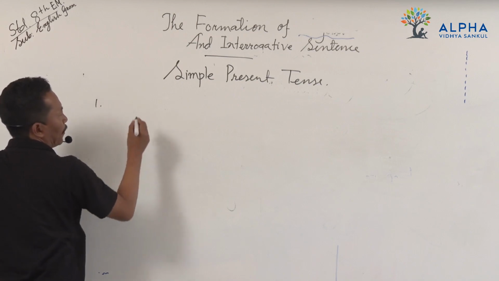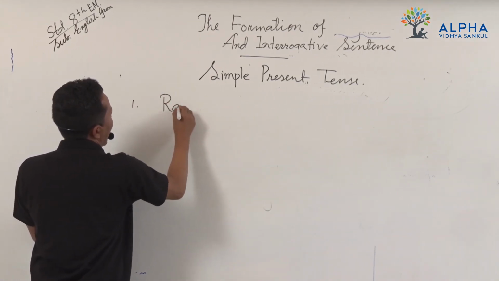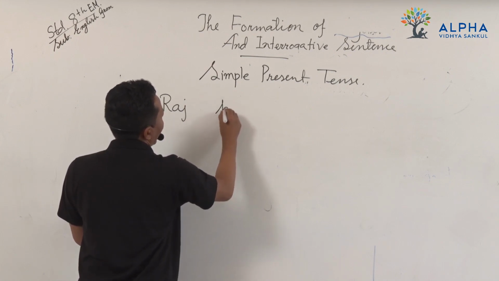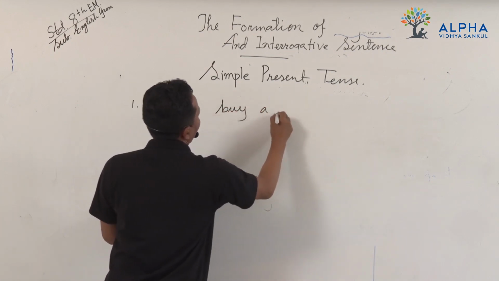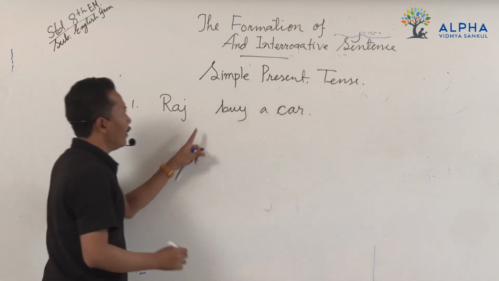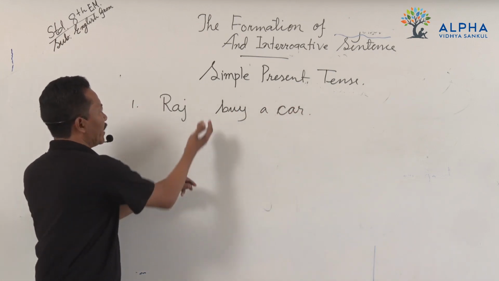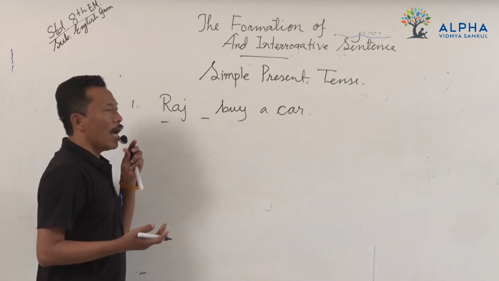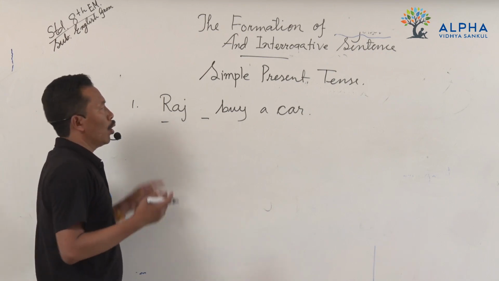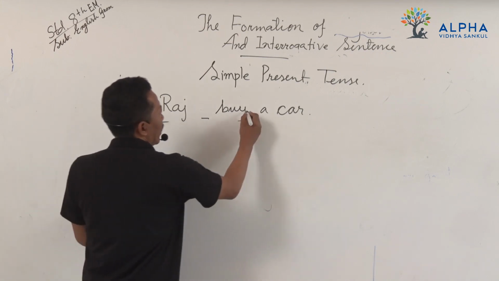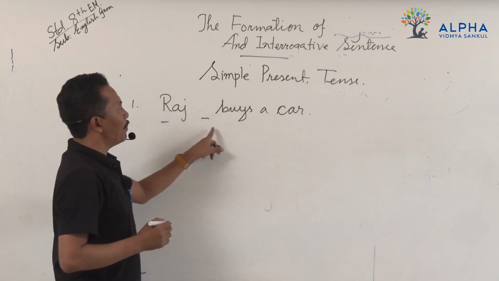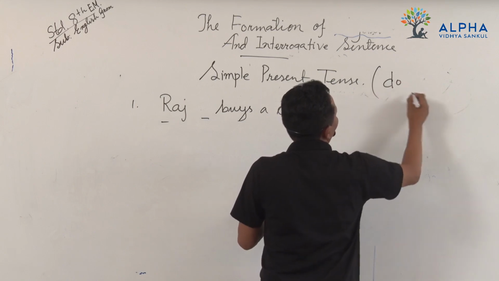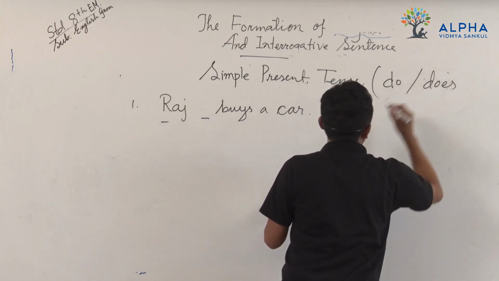So, I'll give you an example. Ras buys a car. And if we want to interchange the auxiliary verb and the subject, but there is no auxiliary verb, then what to do? Here, buys. Ras buys a car, and at this time we have to use do or does.